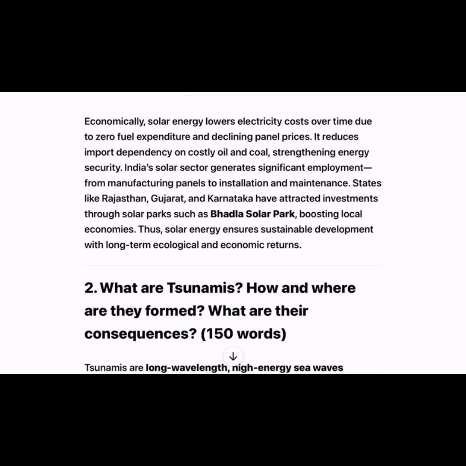States like Rajasthan, Gujarat, and Karnataka have attracted investments through solar parks such as Bhadla Solar Park, boosting local economies. Thus, solar energy ensures sustainable development with long-term ecological and economic returns.